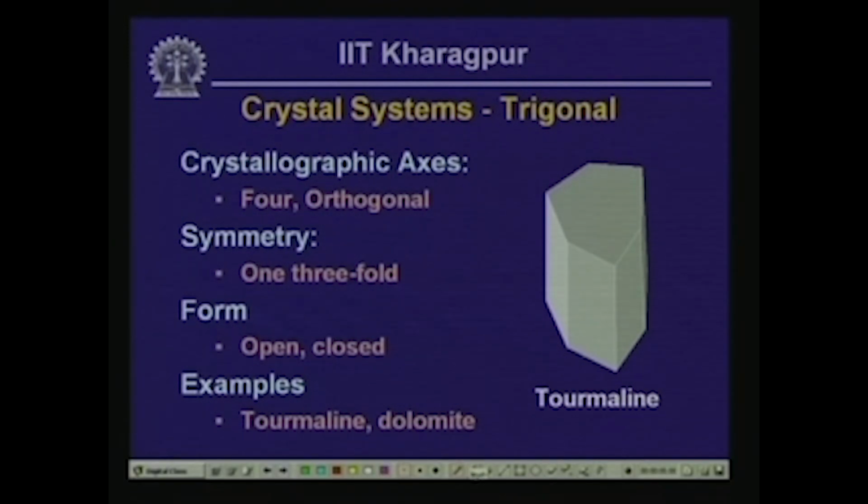Let me explain this one a little bit more. If you consider this axis here which goes from top to bottom, and you rotate the crystal by 120 degrees, then the face, let me label the faces by different colors.